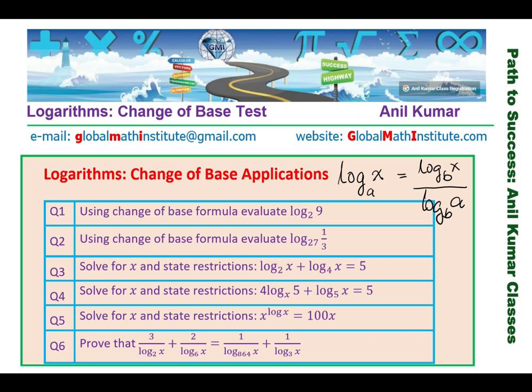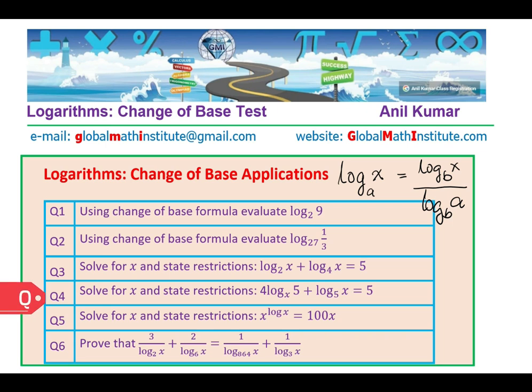Similarly, we have question number 4. The difference you see in the second equation is 4 times log to the base x of 5 plus log to the base 5 of x, right? Here you could use the reciprocal identity. We'll talk about it. Now question number 5 is solve for x and state restrictions: x to the power of log x equals 100x. Another variation to the equation.